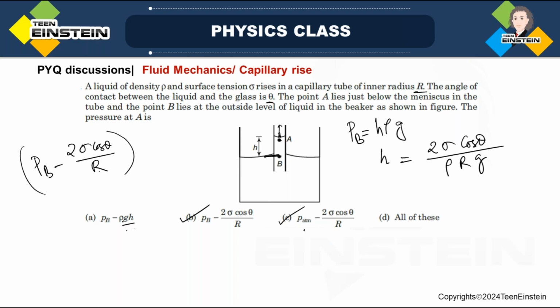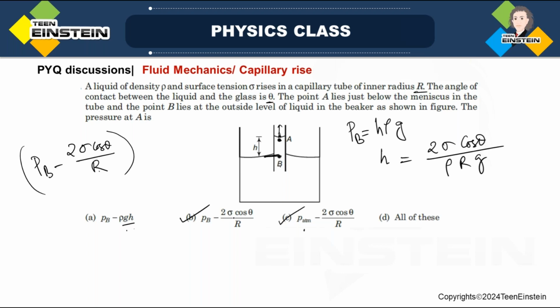The question says a liquid of density rho and surface tension sigma rises in a capillary tube of inner radius capital R. So PB is atmospheric pressure. Fine.